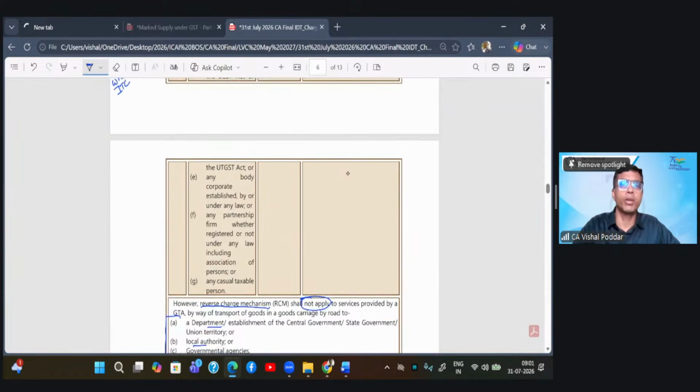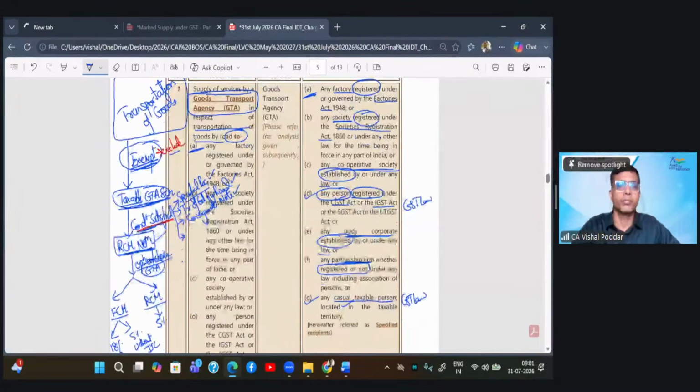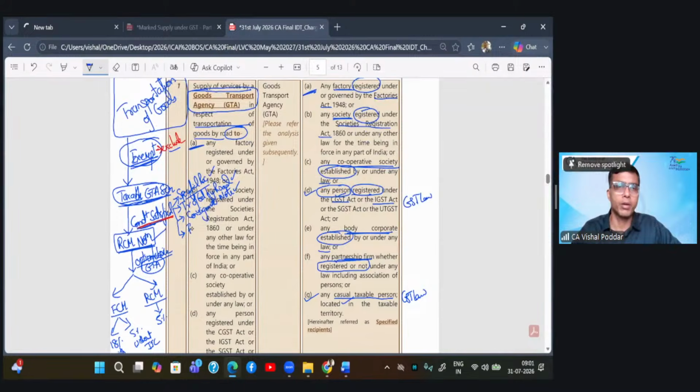So I'll just write over here: except where recipient is government registered under GST only for TDS.